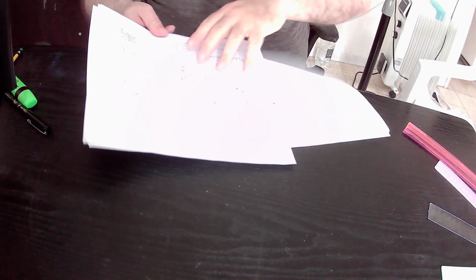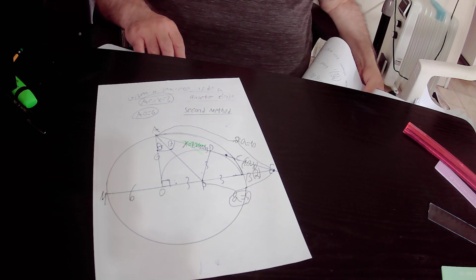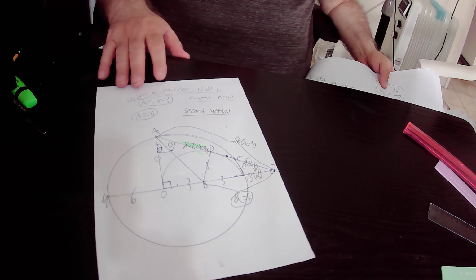In the next step, I presented to you how to find the length of line segment x according to the second method. In the second method, we used all the fields that we have already found in the first method.